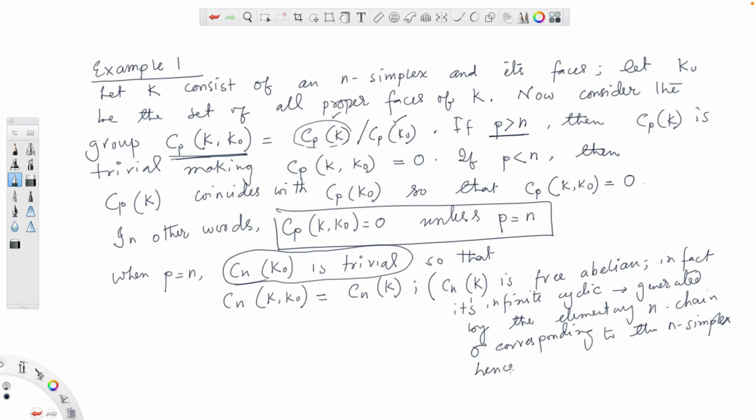Hence C sub n of K is isomorphic to Z. Okay, so therefore we see that C sub n of K comma K0, the group of relative n chains on K modulo K0, is isomorphic to the additive group of integers.